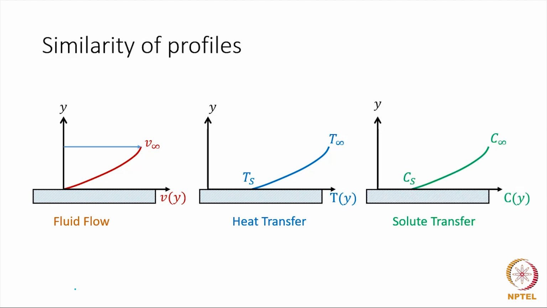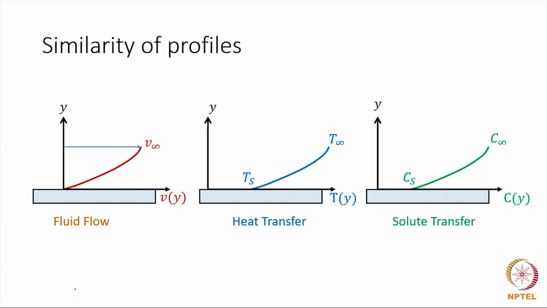Due to the no slip condition, the velocity profile would have 0 at the interface between the fluid and the wall. However, that need not be the case for temperature or solute, and therefore you have Ts and Cs, which are the temperature and the solute concentration at the wall.